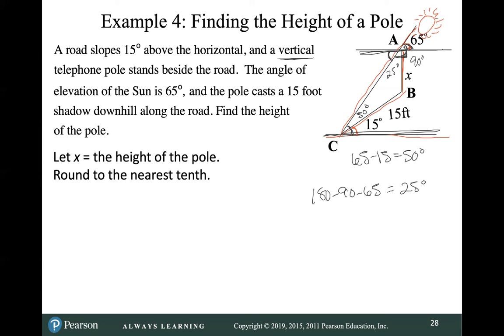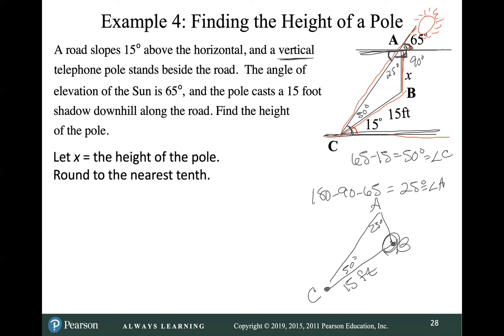So if I'm looking at my triangle, I can call it ABC. Angle A is 25 degrees and angle C is 50 degrees. We also know that the shadow from the telephone pole goes from point B to point C, and that is 15 feet. We do not know the angle at B.